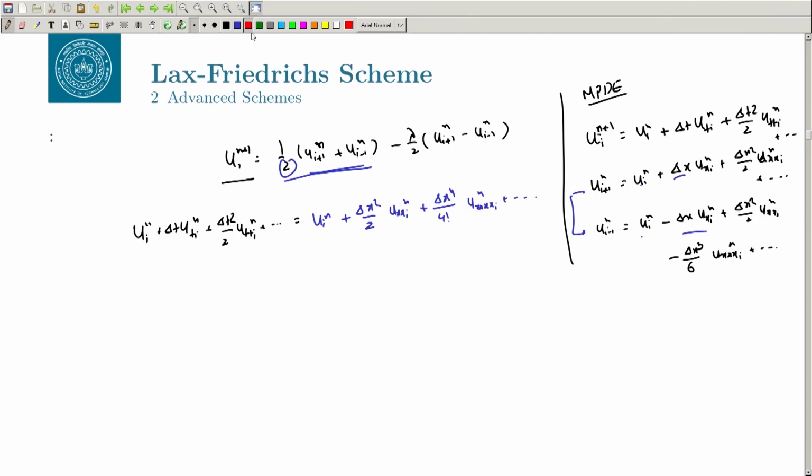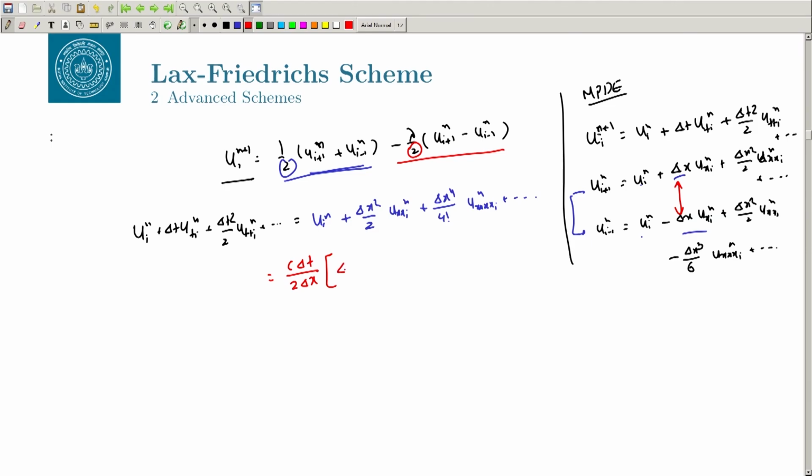Okay. Now, I will do this term, lambda by 2. So, now instead of adding, we are subtracting. So, write lambda by 2 as c delta t by delta x. Okay. So, c delta t by 2 delta x. And now, the odd derivatives will cancel out and even will remain, right. That and 2 is there, the 2 will cancel out, because you will add 2. So, this will become 2 delta x, that will cancel out when you divide by 2.